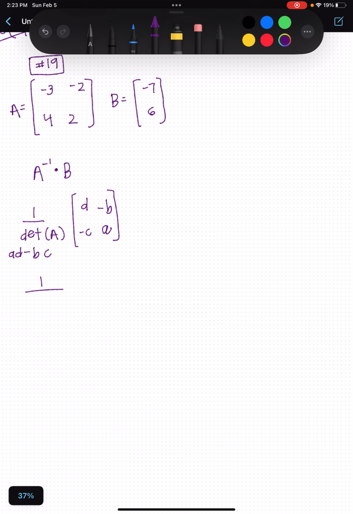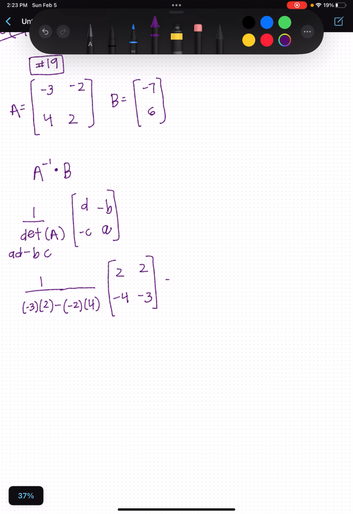So for our specific question, it'll be 1 over negative 3 times 2 minus negative 2 times 4 for the determinant. And then in our matrix, we'll have 2 and negative 3, positive 2 and negative 4.